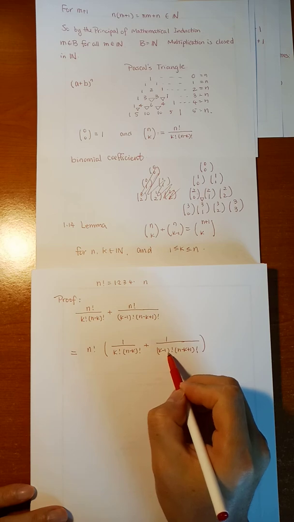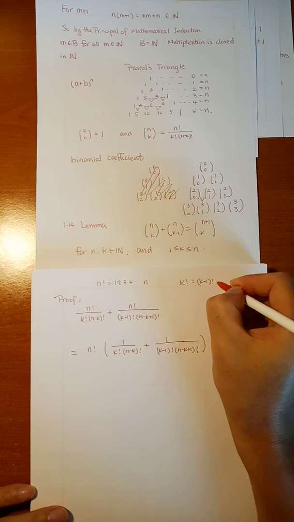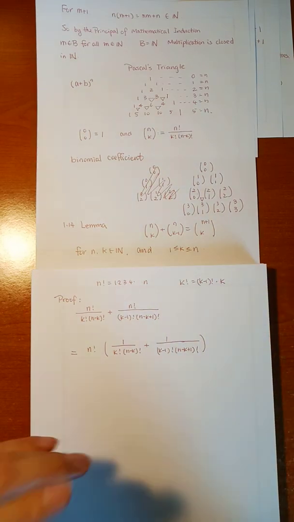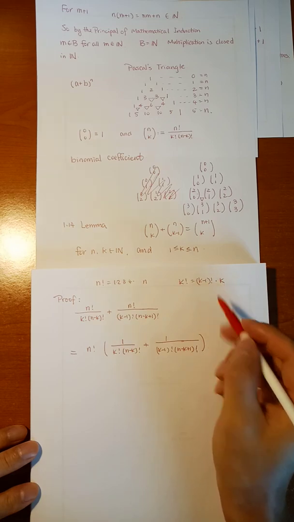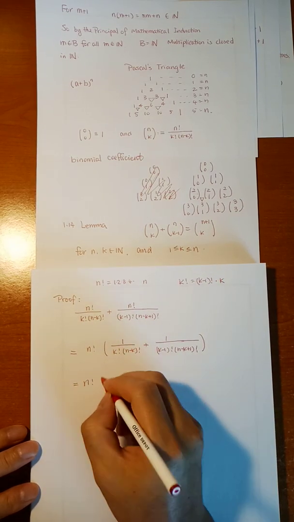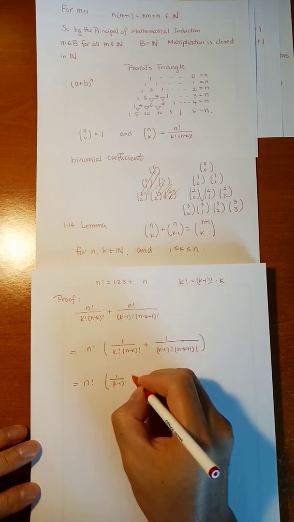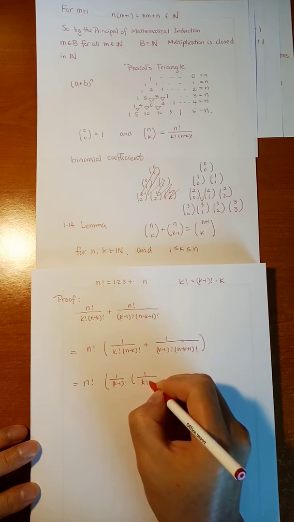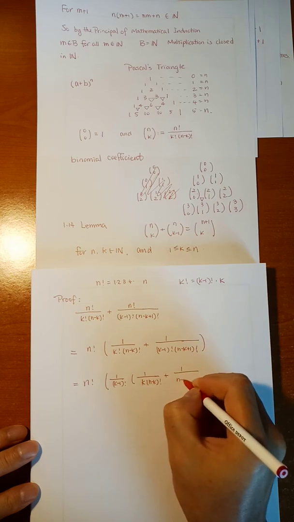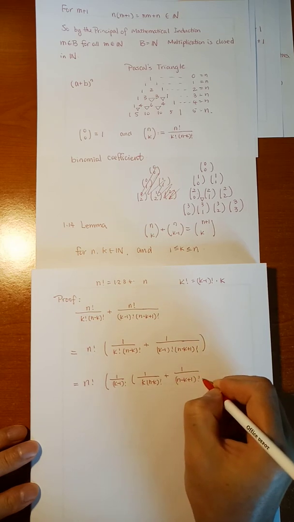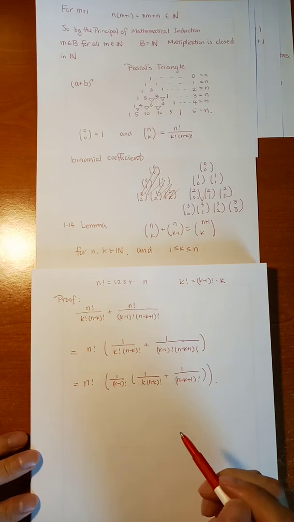Here this k minus 1 factorial also appears here. The k factorial is k minus 1 factorial times k. Right? So this one can be written as k factorial, and we factor out k minus 1 factorial here.